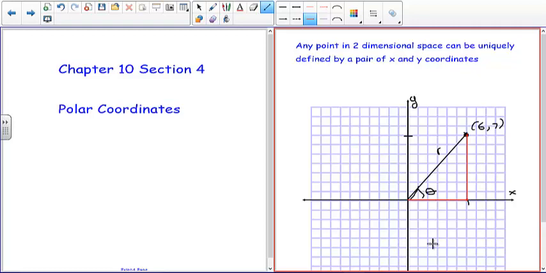And if x is positive and y is negative, it's in the fourth quadrant. So you can use the arctangent to find basically the reference angle. We talked about that previously. And then once you have the reference angle and you can determine the quadrant from what signs these are, then you can find the actual angle.